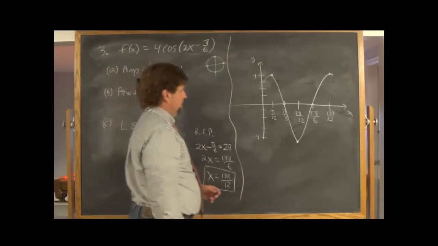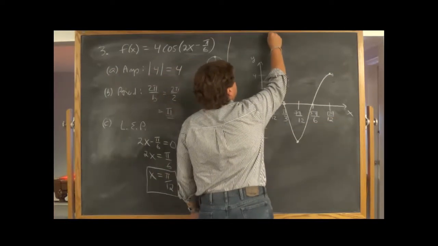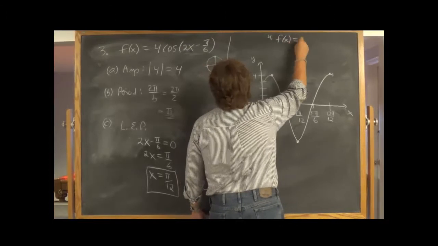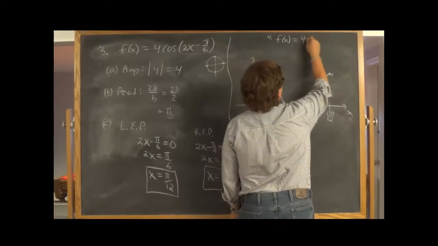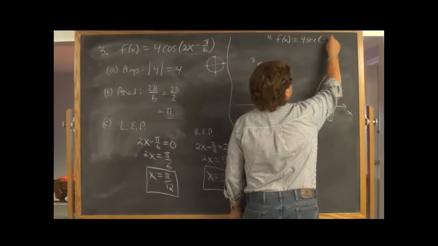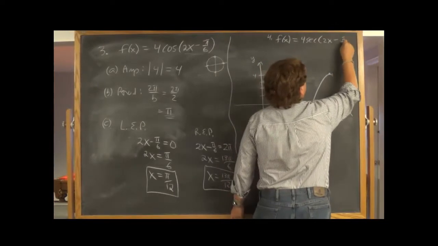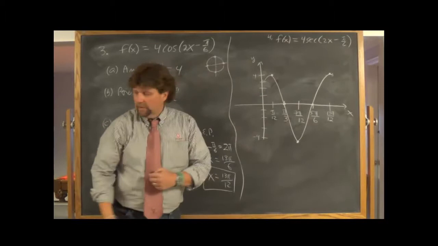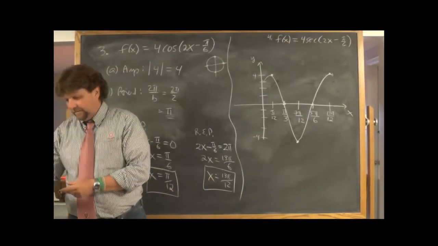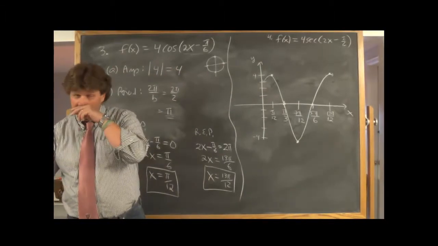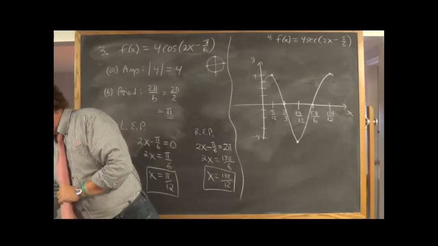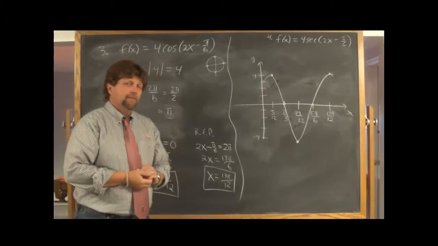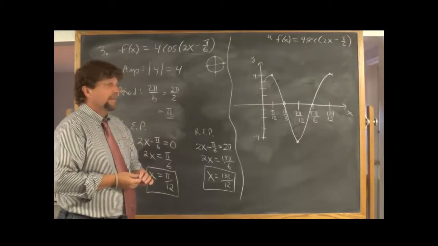Number 4, you were asked for f of x equals 4 secant 2x minus pi over 6. You were asked to determine the period. And then in part B, I asked you to sketch the graph over one period and label the vertical asymptotes.